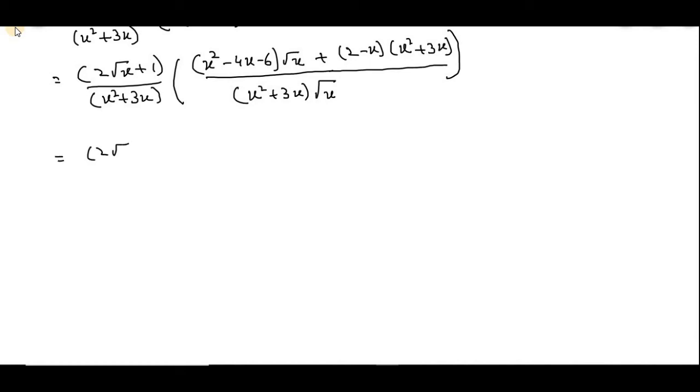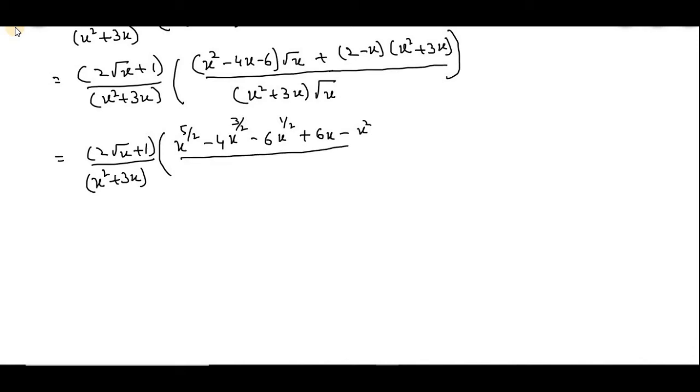Now after simplifying, we get the final term for the derivative, that is 2 under root x plus 1 whole divided by x square plus 3x, x raised to 5 by 2 minus 4x raised to 3 by 2 minus 6x raised to 1 by 2 plus 6x minus x square whole divided by x square plus 3x into under root x, and this is the derivative for the given function.